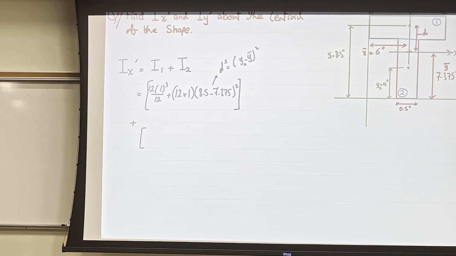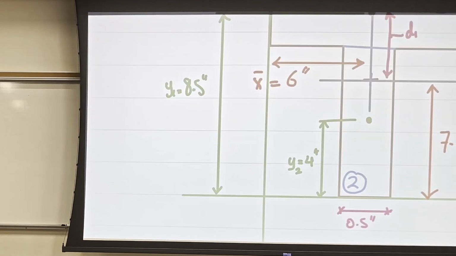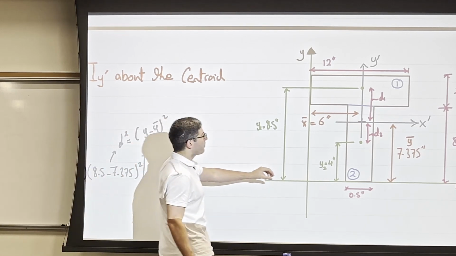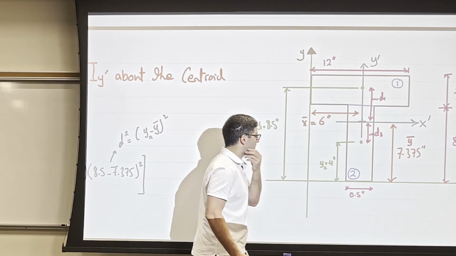So now I notice that the centroid of area 2 doesn't align with the centroid of the whole shape. So now I want to find this d, which is this distance. I'll call it d2, which is the distance from the centroid of shape 2 to the centroid of the whole shape.